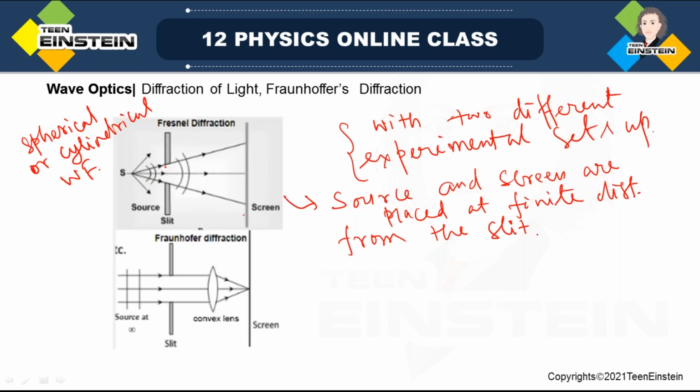And since the wavefronts are cylindrical or spherical, after diffraction they will converge on the screen easily.